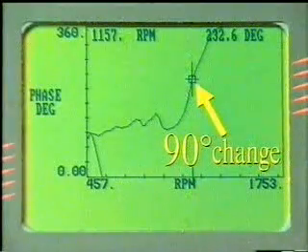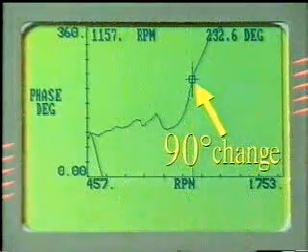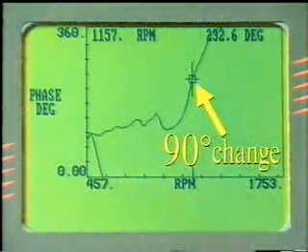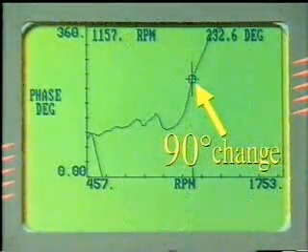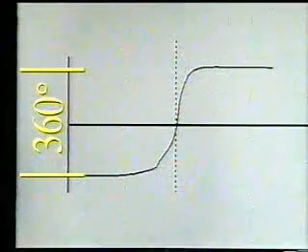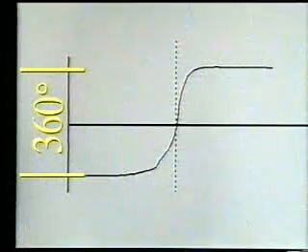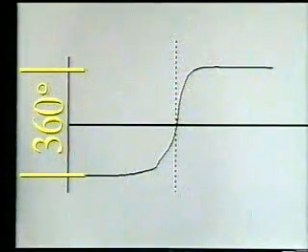We know that there should be a 90-degree phase change as the RPM moves from one side of resonance to the resonant frequency. Then there is another 90 degrees as the RPM continues past the resonant frequency. However, sometimes the phase plot will show a 360-degree phase change, and the amplitude versus RPM plot looks normal for a resonant condition.